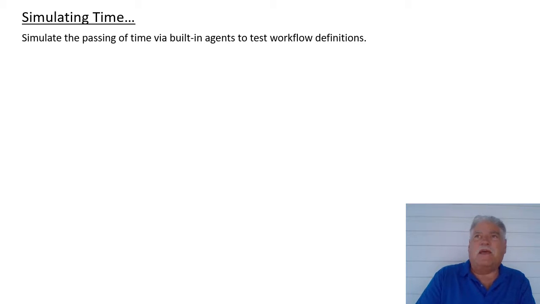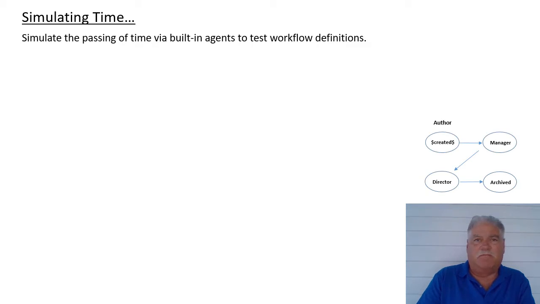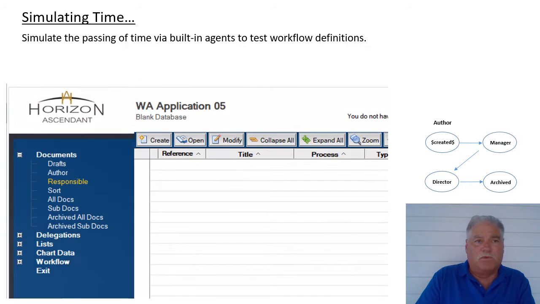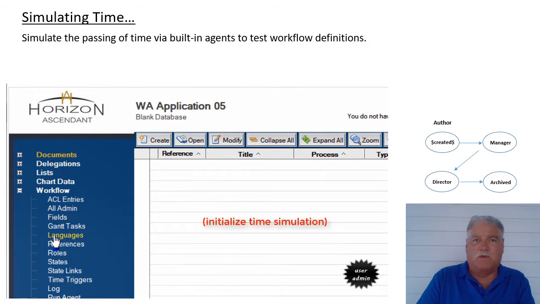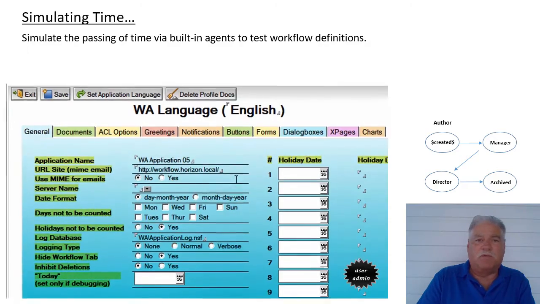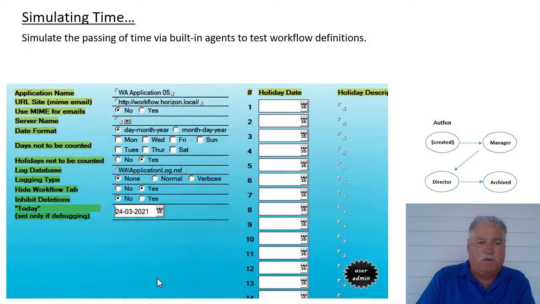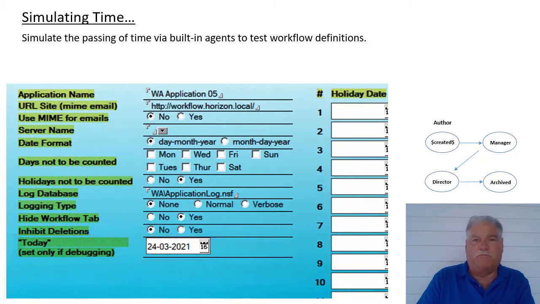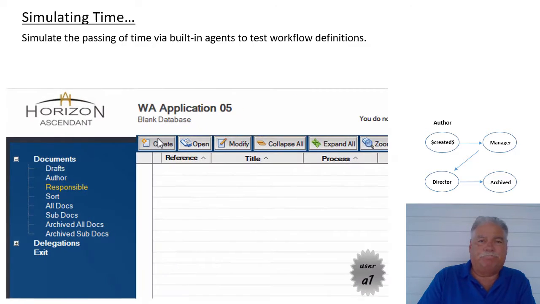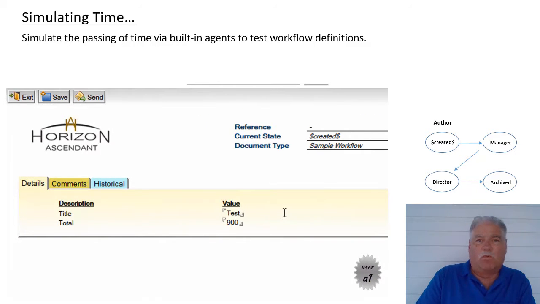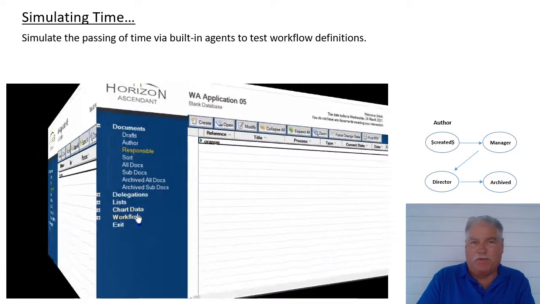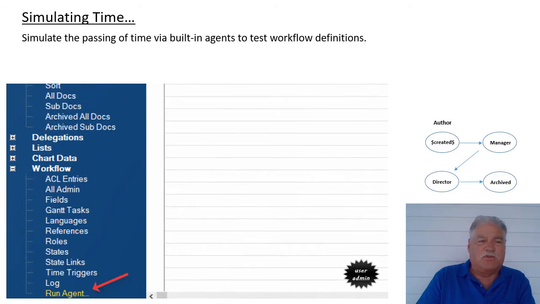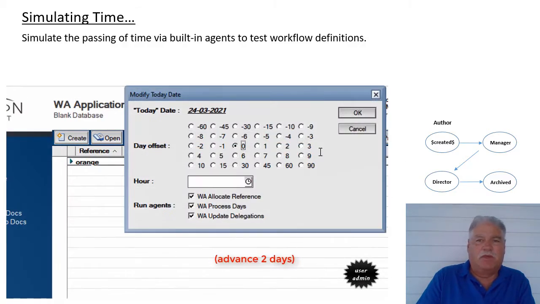Now, Workflow Ascendant has the ability to simulate time. This, of course, is extremely useful when it comes to debugging various time-related operations. It simply requires putting a value here in that field. What we'll do here is walk through a process. At each step, we'll add a few days.